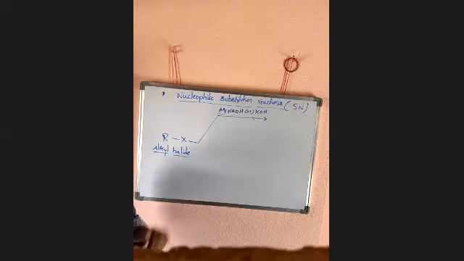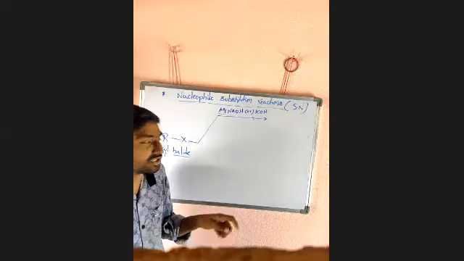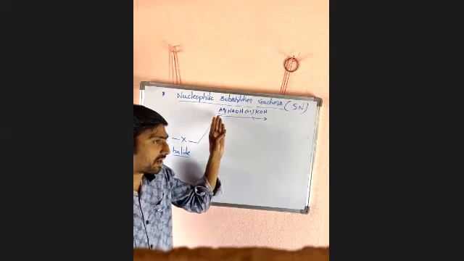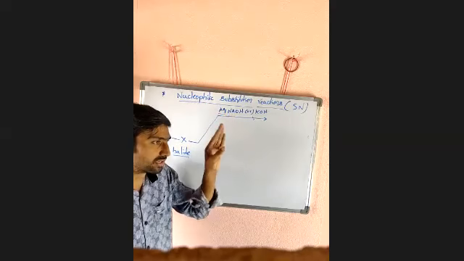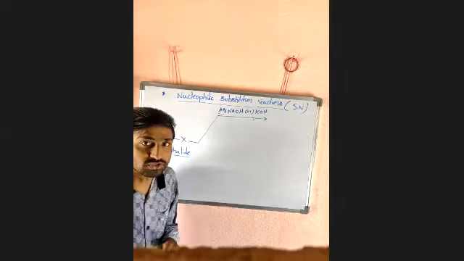Yesterday I told you about elimination reactions, and in those the reagents were also mentioned. So alcoholic NaOH or KOH is involved in elimination, but aqueous NaOH or KOH is involved in substitution reactions.